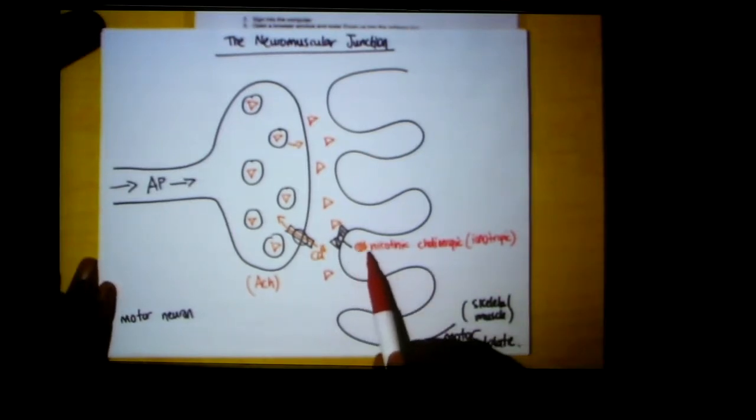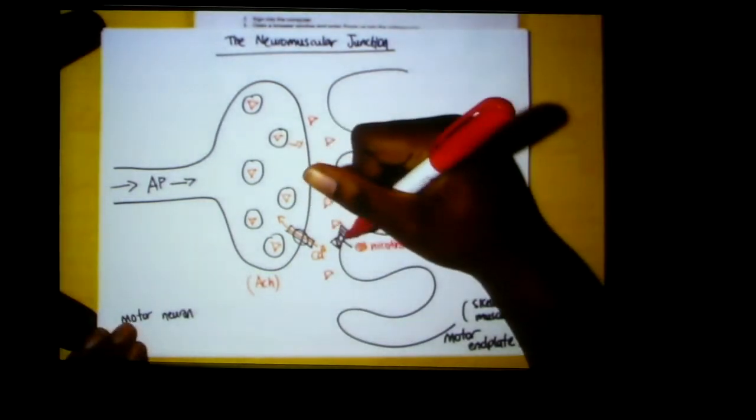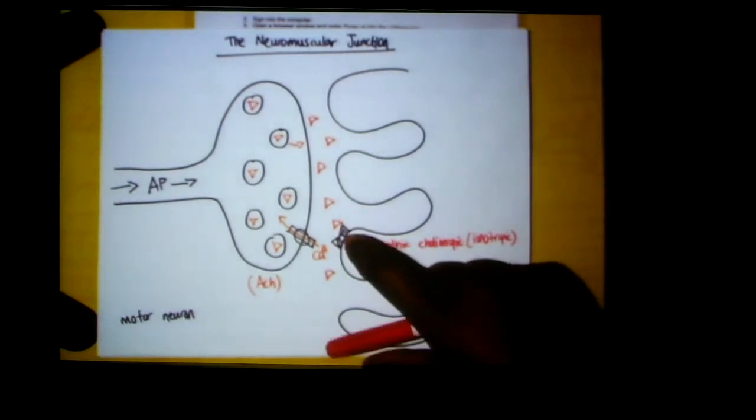So that's this type of receptor, which basically means that when we bind this neurotransmitter to this receptor, that will open up some type of channel. Remember, ionotropic receptors are acting as a channel. So the binding here opens up this channel such that sodium rushes in or potassium rushes out. Basically, whatever the channel is, we're going to have the movement of those ions.